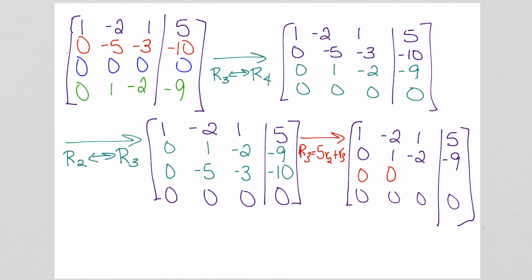So we have 0, 0, and then, let's see, I've lost my place. 0, 0, 7, 35.